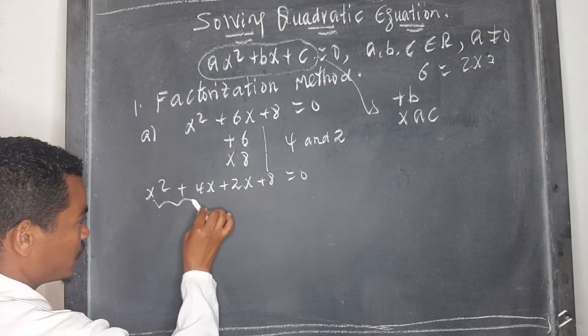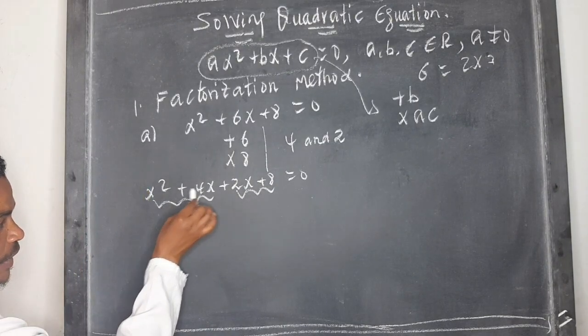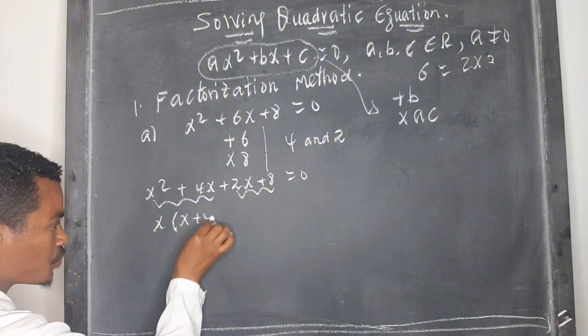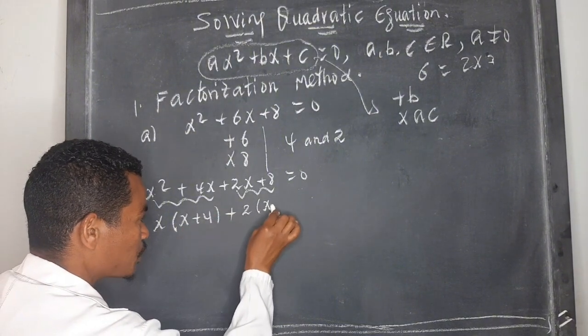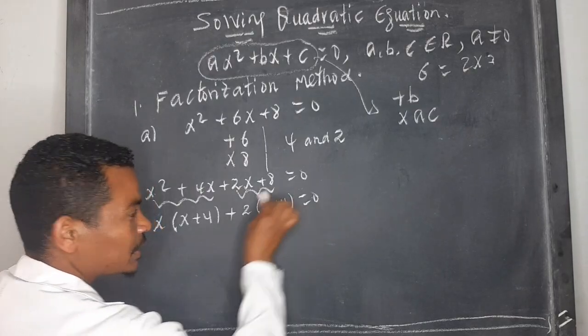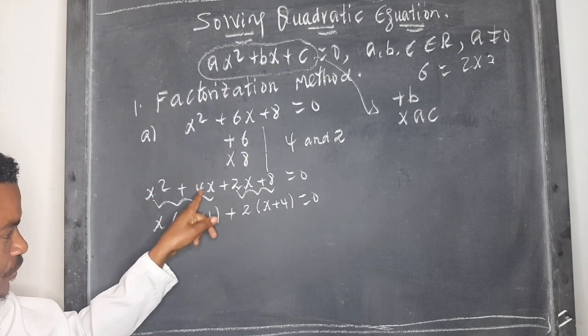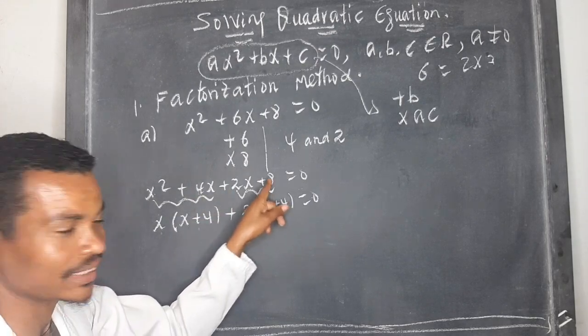After that, what do we do? We take these two together, and these two together. The common factor for x squared plus 4x is x, so x times (x plus 4), plus the common factor for the other pair, 2 times (x plus 4), is equal to 0. That means x times x is x squared, x times 4 is 4x, 2 times x is 2x, 2 times 4 is 8.